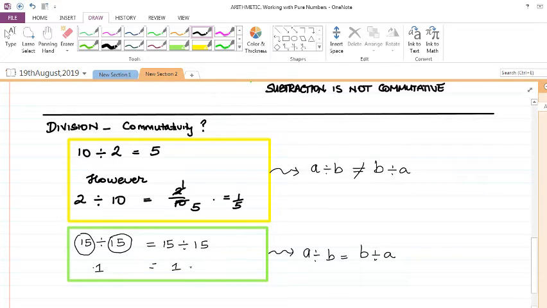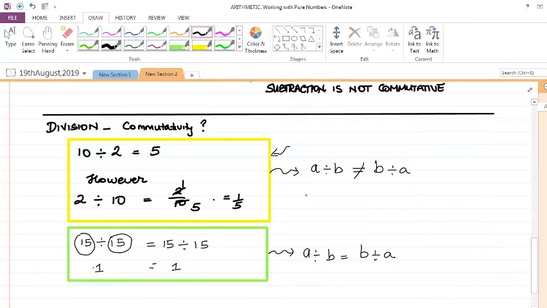But if I just speak generally, I cannot say A divided by B will always be equal to B divided by A. That can't be made just because of this example here. This example shows A divided by B is not equal to B divided by A.